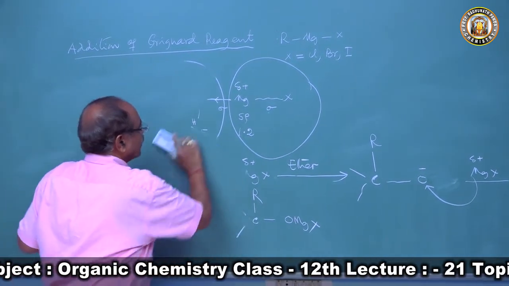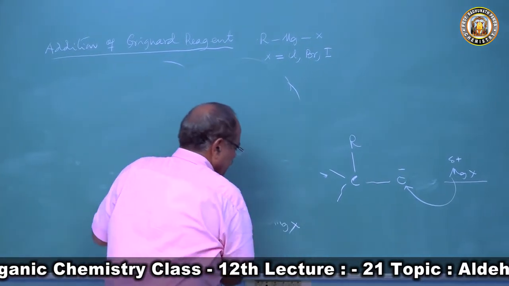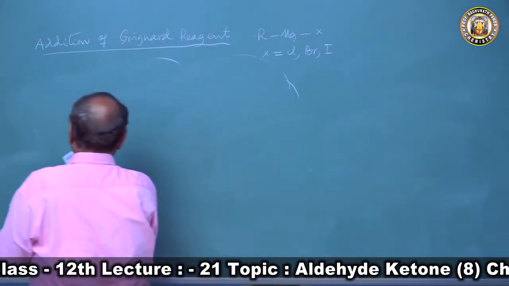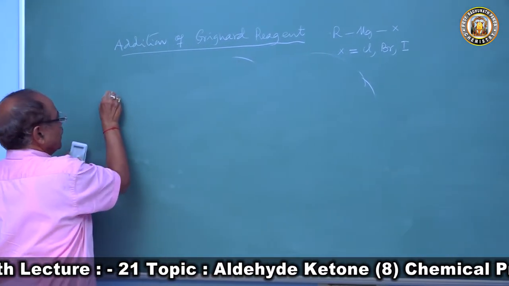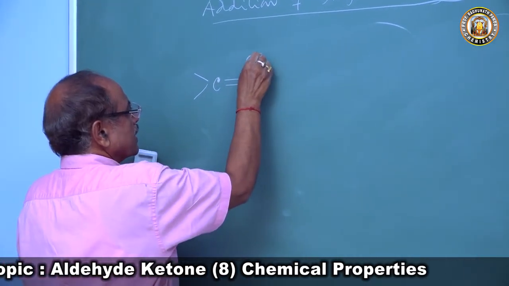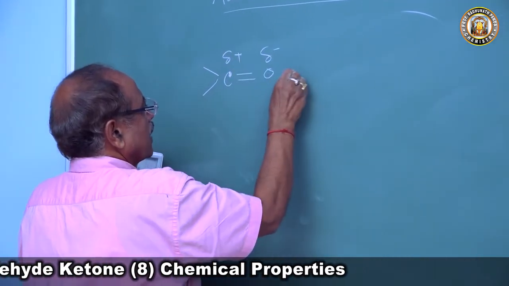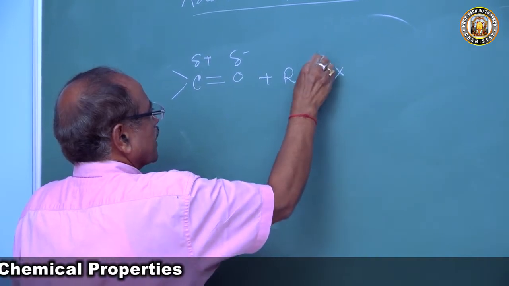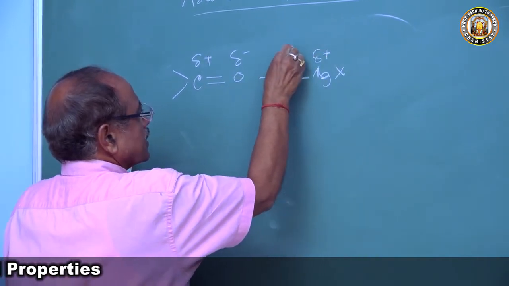Now I will sketch out the total scheme of the addition of Grignard reagent to carbonyl compounds. In the carbonyl group, O is delta negative and carbon is delta positive, and you have RMgX, where Mg is positive and R is negative.